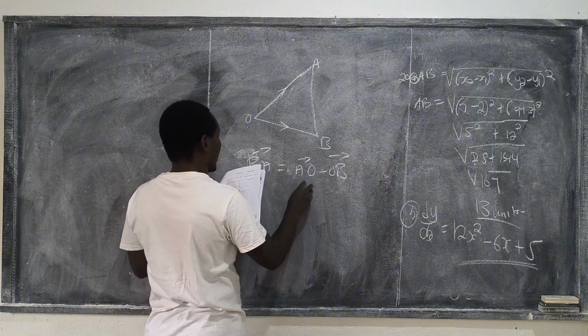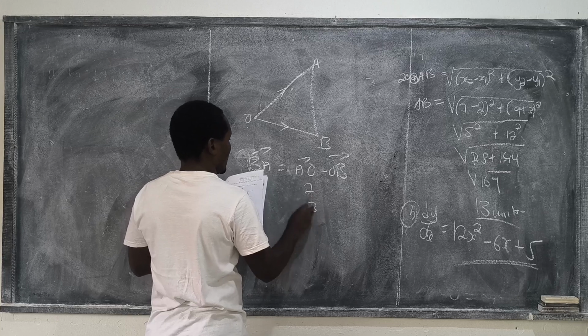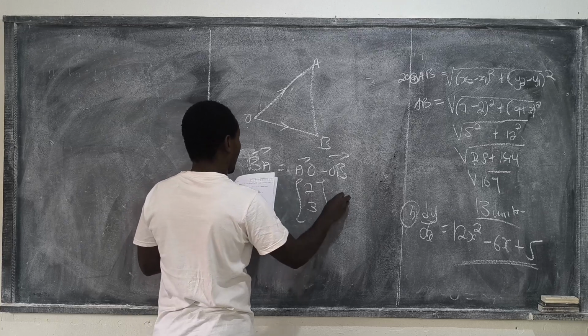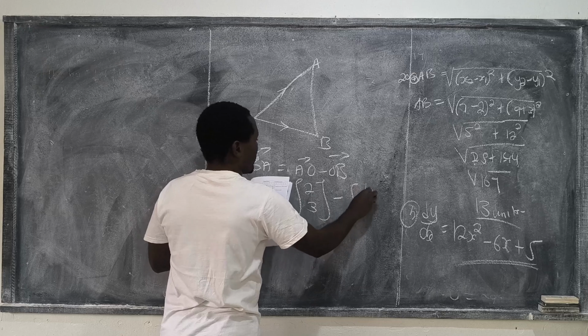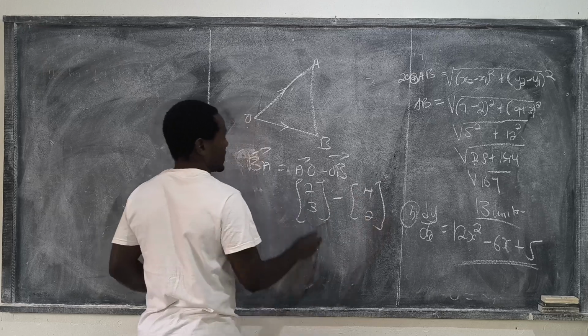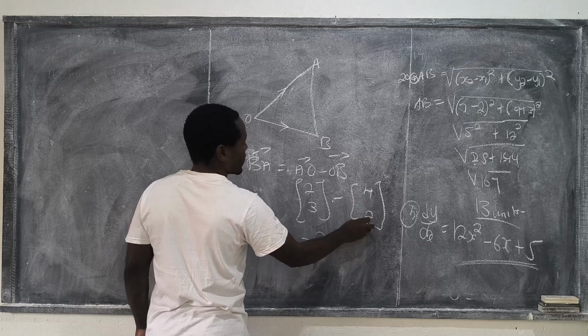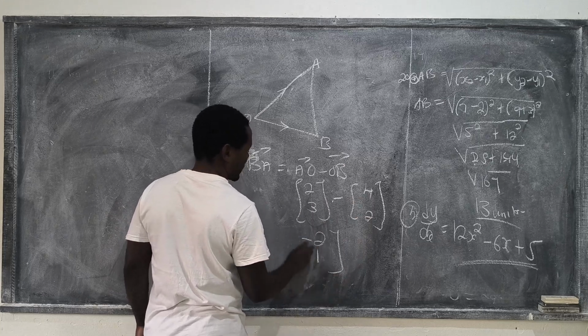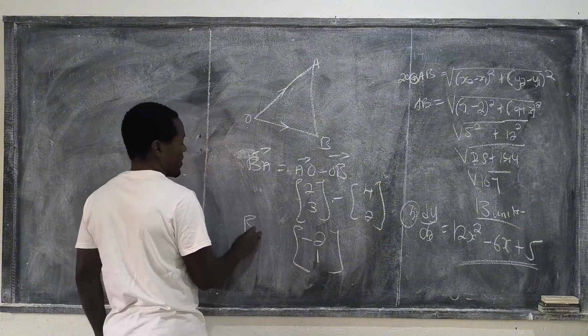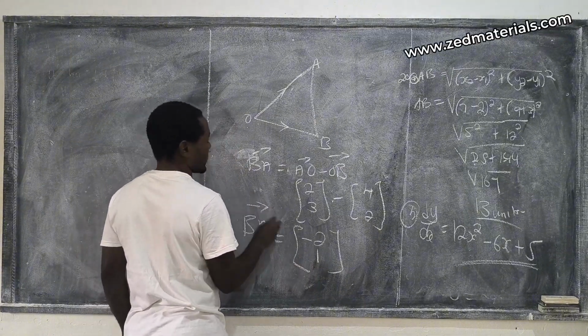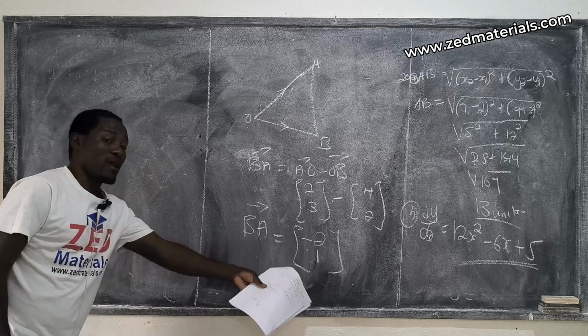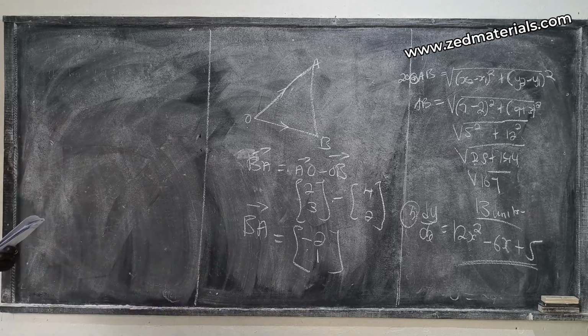OA is (2, 3) minus (4, 2) here. Then 2 minus 4 is negative 2. 3 minus 2 is 1. So this is the vector BA. They are saying in column form, this is it. In column form, you have your answer there.